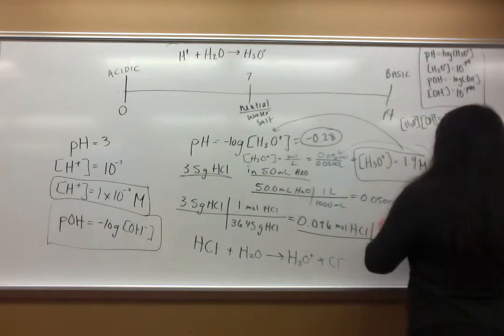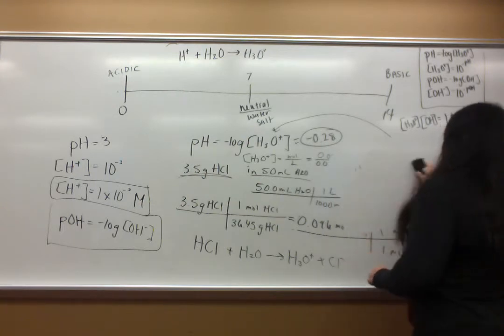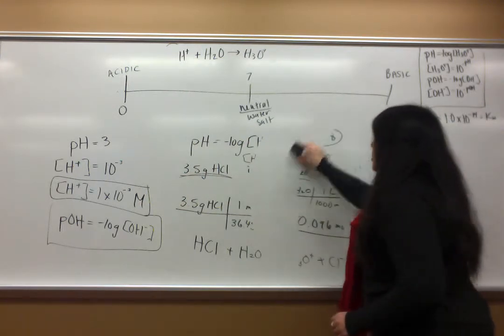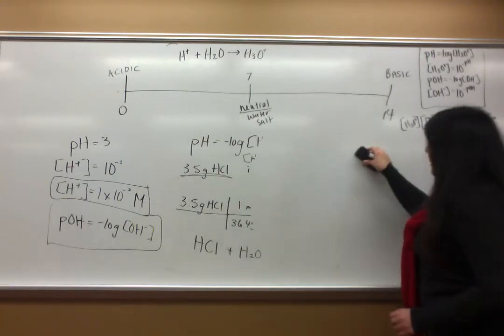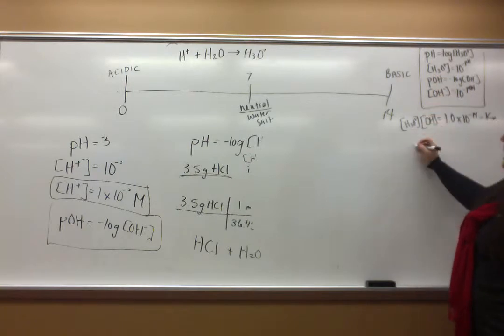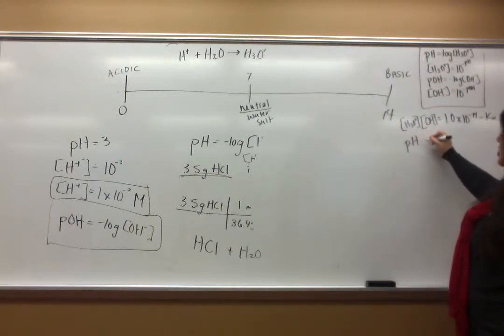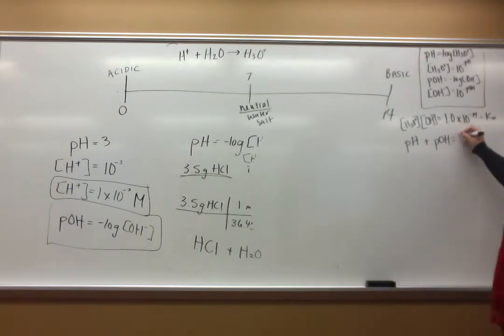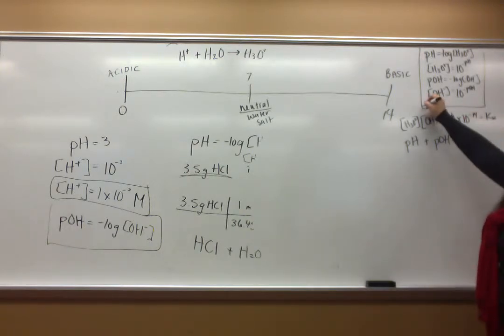And I'll erase some of this so we get it out of the way. Now, my concentration of hydroxide and my concentration of hydronium are related, which means that pH and pOH must also be related, and they are related by this fancy number 14 that we keep seeing.